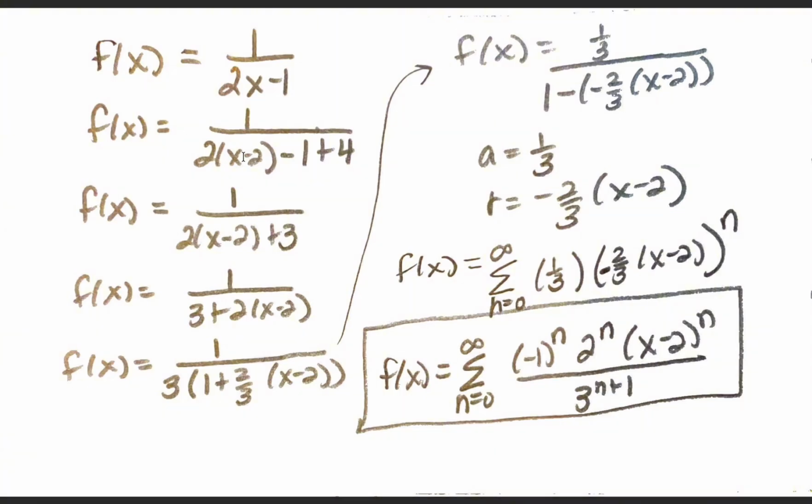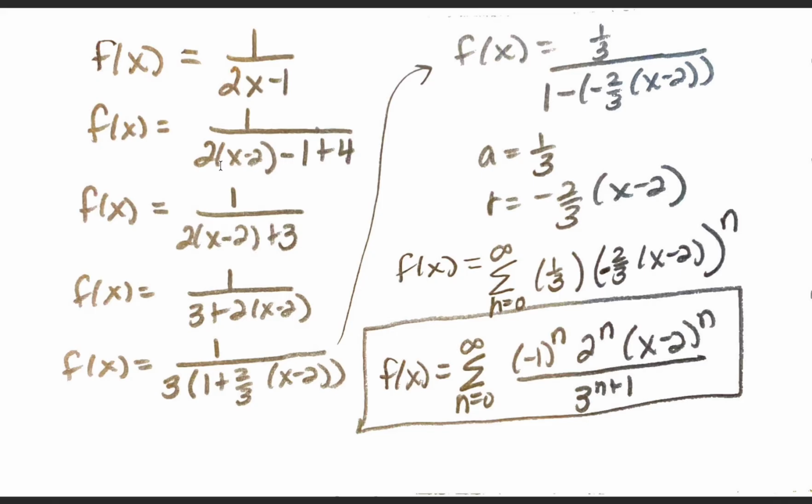So what we're going to do first is put parentheses around x and plug in a negative 2, to represent x equal to 2. Because when x equals 2, the denominator becomes 0, then the whole function just becomes undefined at that point.